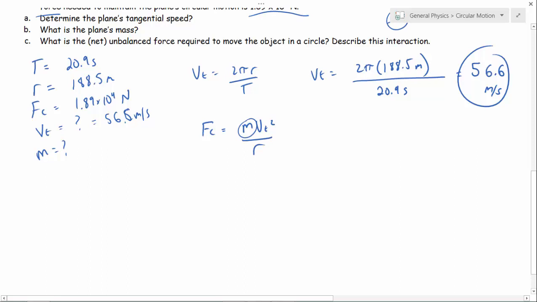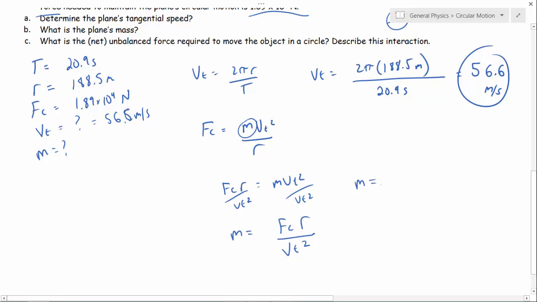So I'm going to multiply both sides by r. So I get Fc r is equal to m vt squared. And then I'm going to divide both sides by vt squared to get m by itself. So m is equal to Fc times r divided by vt squared.